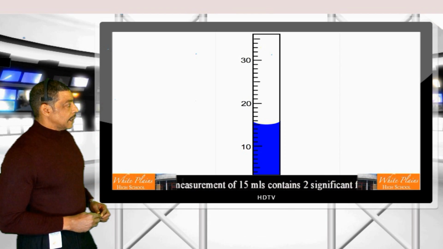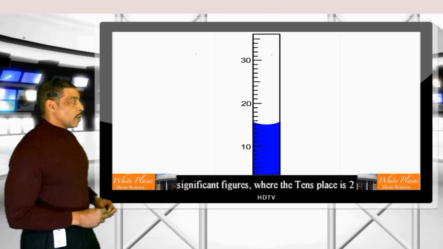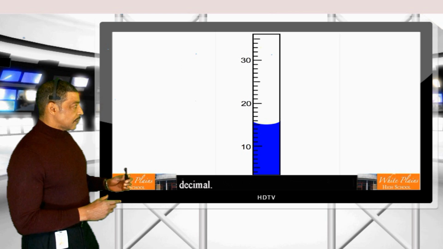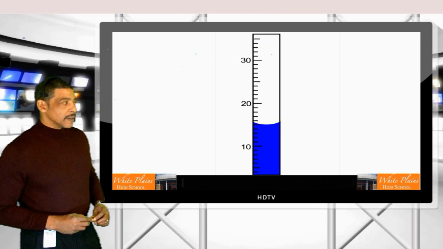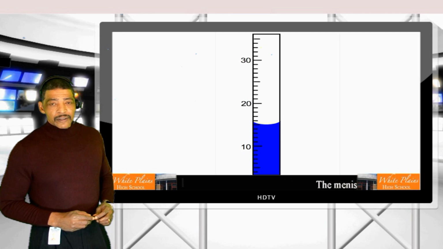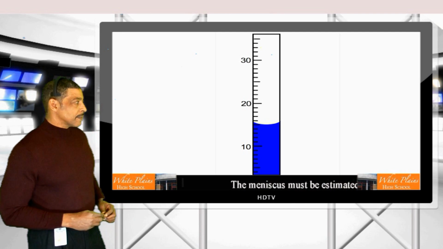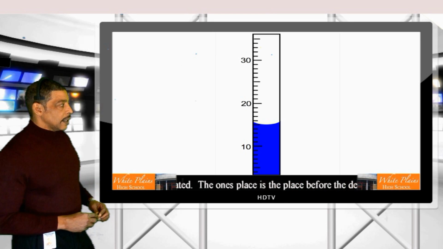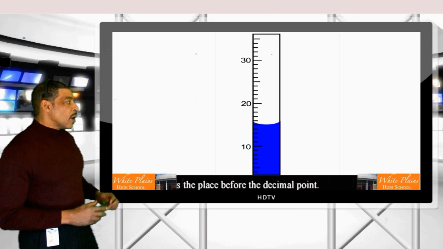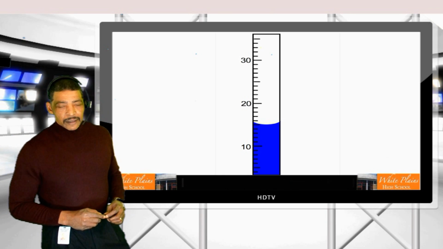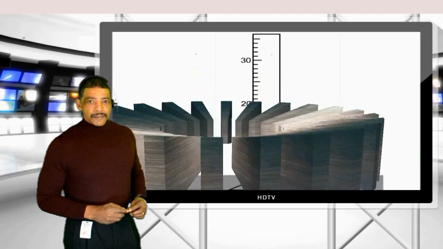This measurement contains two significant figures, where the 1 in the tens place is a certain digit. However, the 5 in the ones place is an estimated digit. Any measurement will contain certain digits and one uncertain digit, where the uncertain digit will be the last digit in the measurement.